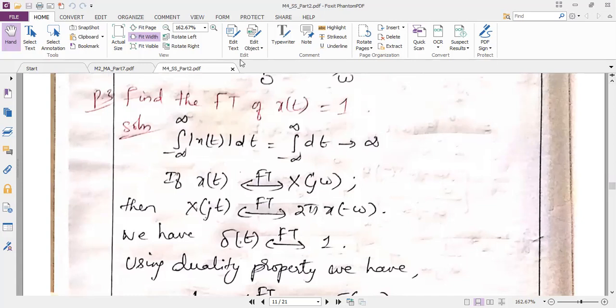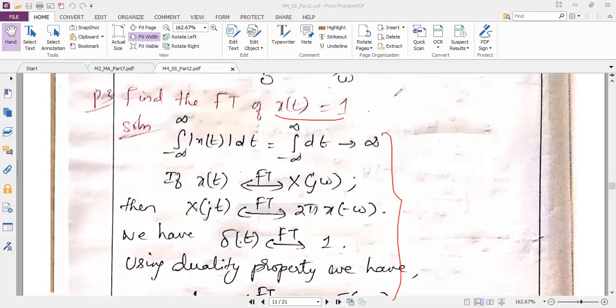So now we are going to solve this problem using the property. Directly also we can solve. So before we solve it using my method, can you people try?